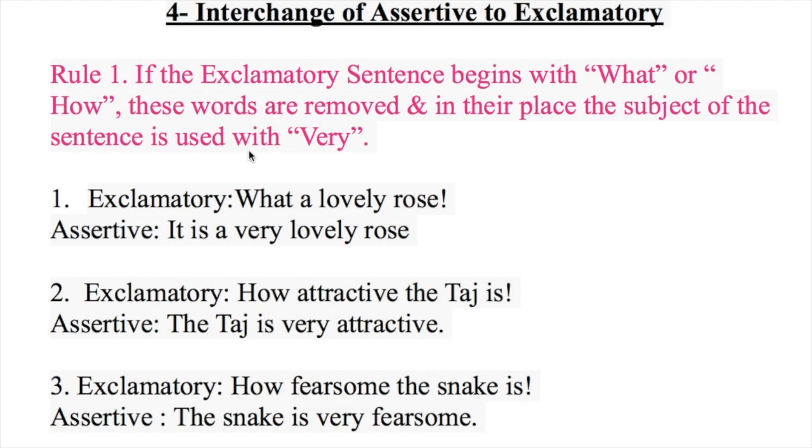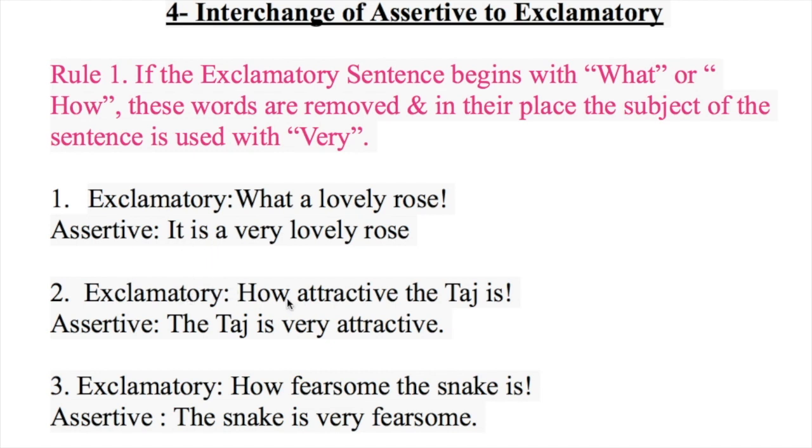So here the first rule is, if the exclamatory sentence begins with what or how, these words are removed, and in their place the subject of the sentence is used with very. For example, what a lovely rose. So the assertive is, it is a very lovely rose.